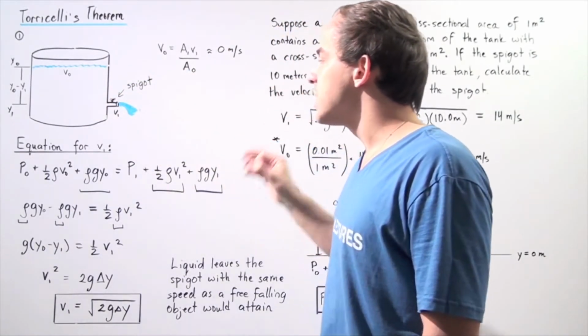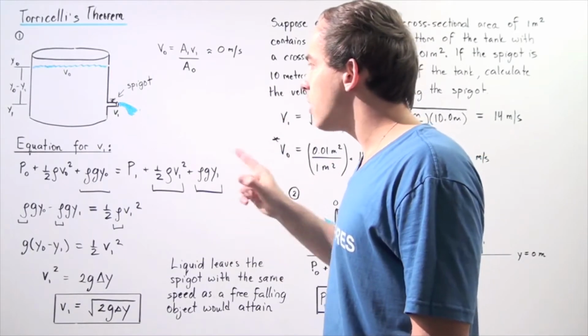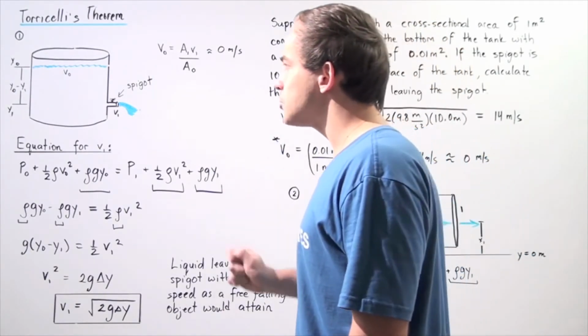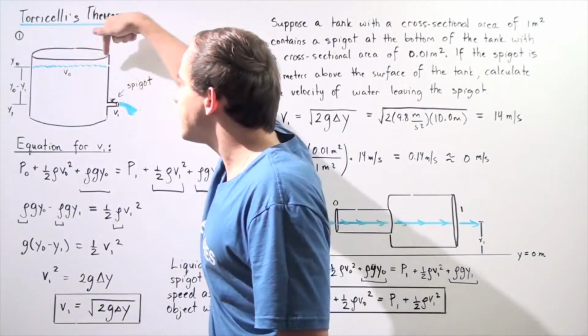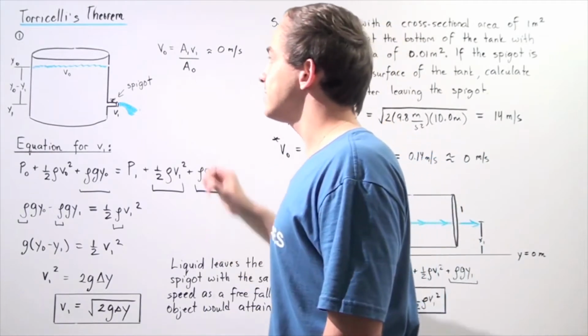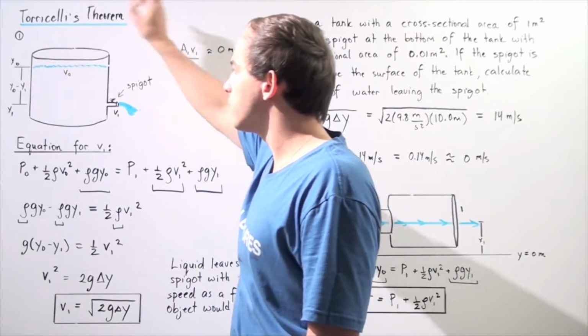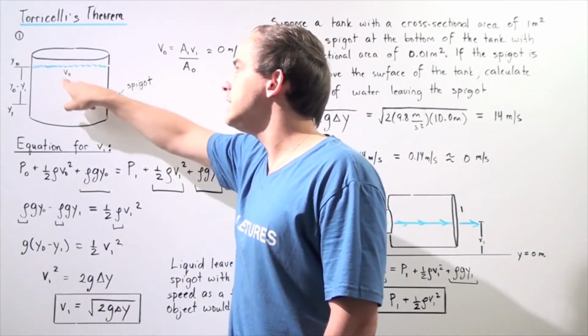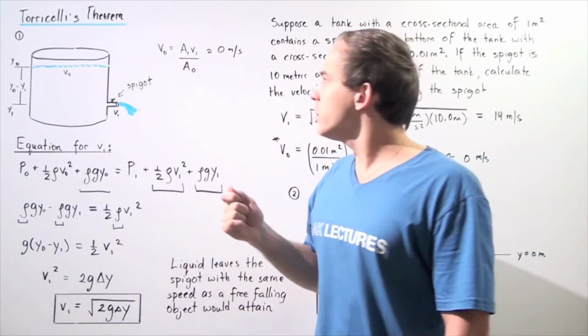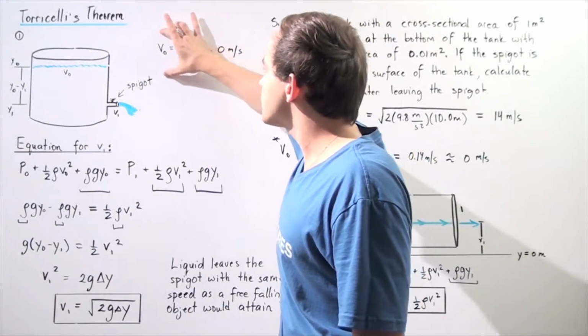Now let's suppose that the cross-sectional area of the spigot is given by A1, and the cross-sectional area of this tank at the top is given by A0, and the velocity of the fluid at the surface of the tank is given by V0. Now, using the equation of continuity, we can get the following result.